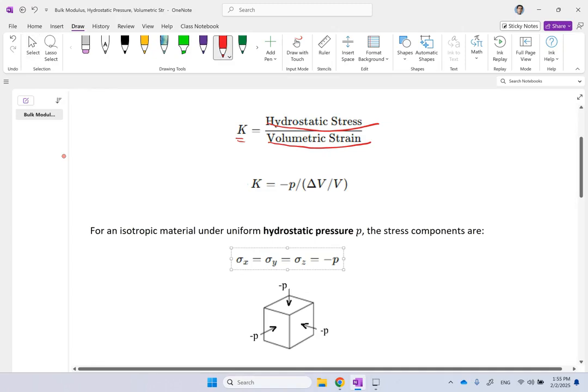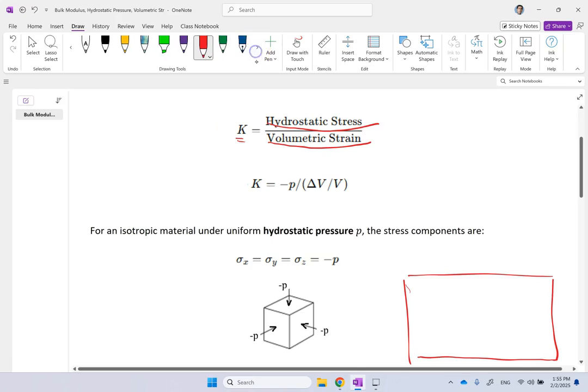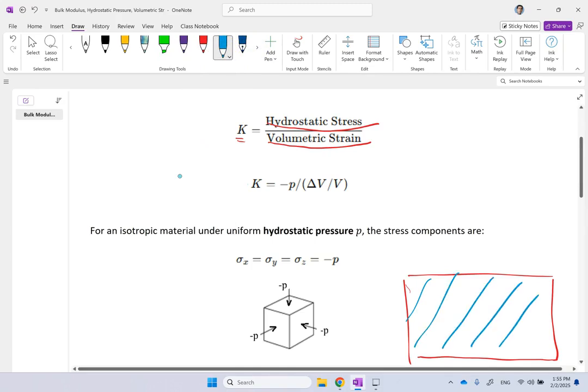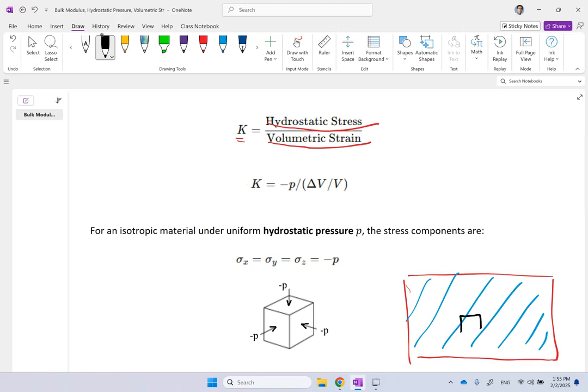If you put material under water, why do you call it hydrostatic? If this is a tank of water, and you put some material underwater, what kind of pressure do you expect this material to experience? This is a small cube that you put underwater.